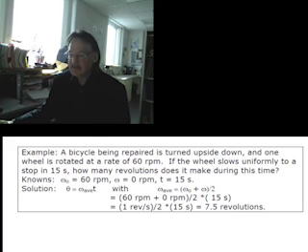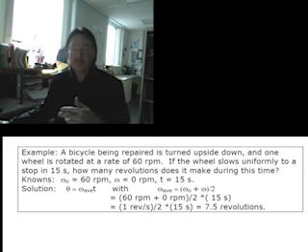Basically we've got this wheel, and it's turned upside down, and we're rotating at a rate of 60 RPMs. That's a different unit of measure, like miles per hour instead of meters per second. So the RPM is revolutions per minute, isn't it?